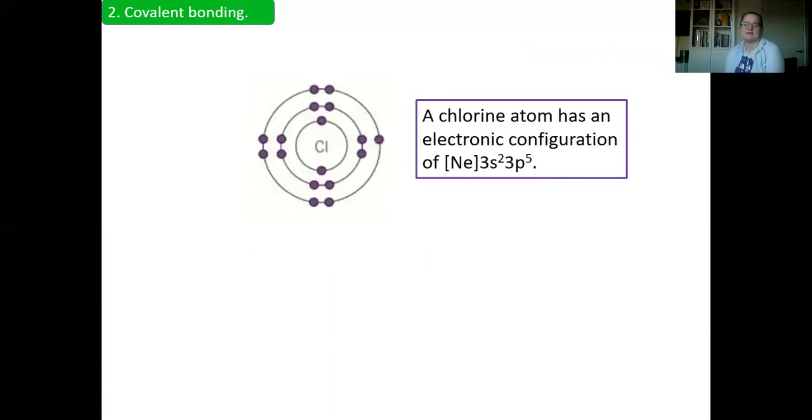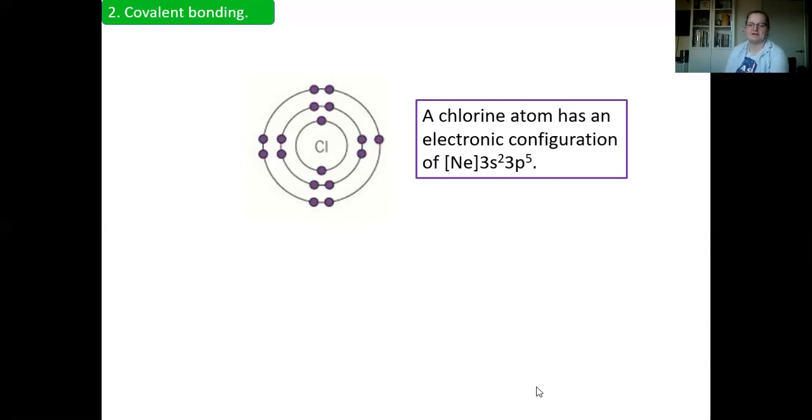Now, chlorine has an electronic configuration of [Ne] 3s2 3p5, and here we go again, we're using those noble gases to help us. So we've got neon in there. Neon is our shorthand for our electron configuration because we're basically saying its whole electron configuration is the same as neon up until this point, and then it has these extra bits. So remembering that is a good shorthand way of showing our electron configuration.